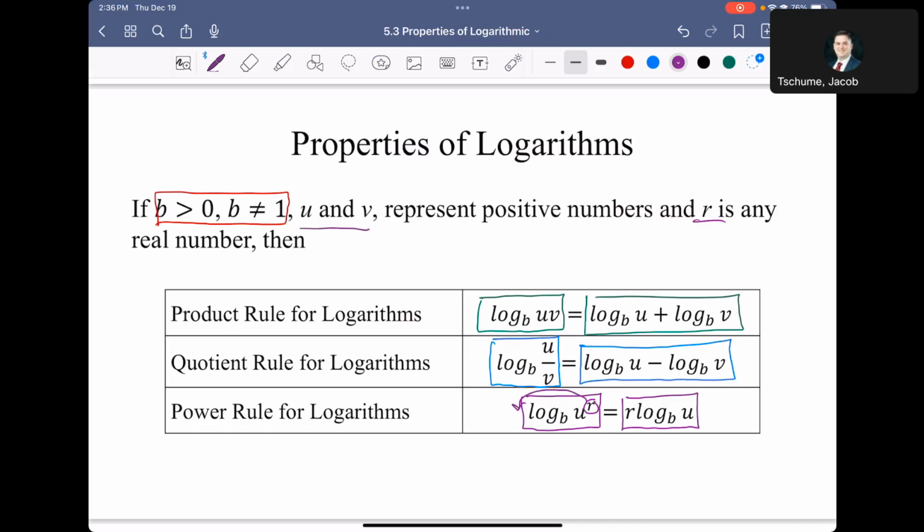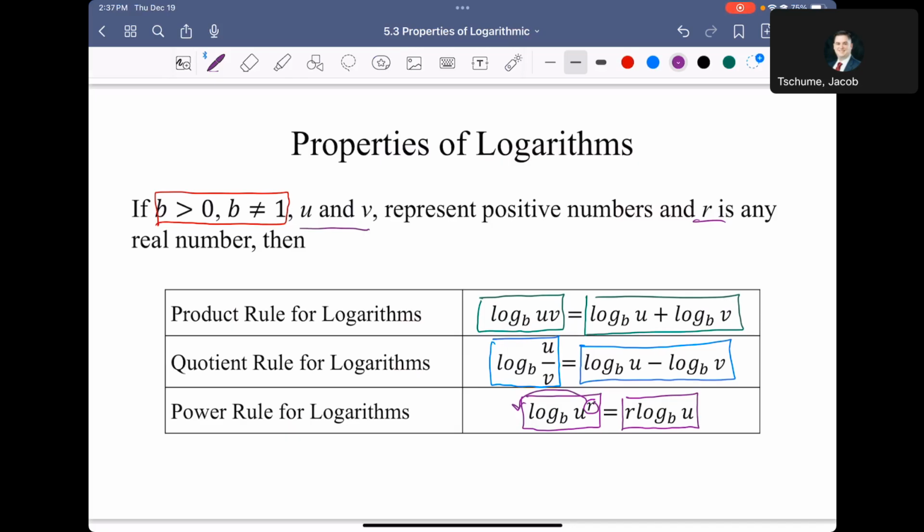So typically we will bring that exponent to the front and write it as a constant. Once again, you can also go the other direction if you're trying to combine logarithms. If you have a number in front of a logarithm, you can always bring it back inside, but remember, it will become an exponent of the u that's already there.